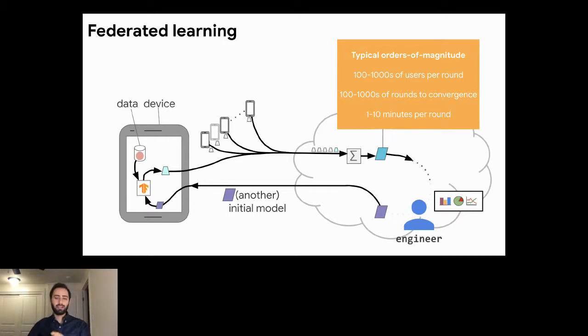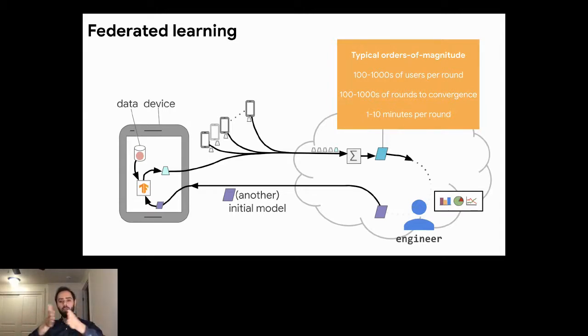And it takes us usually thousands of rounds to get to convergence. So we're talking possibly 5,000, maybe 8,000 or even more. And every round where you take an initial model and you pass it on to the clients, compute the update, and they send back their updates and we aggregate them, this process end to end can take anywhere between a minute to 10 minutes.